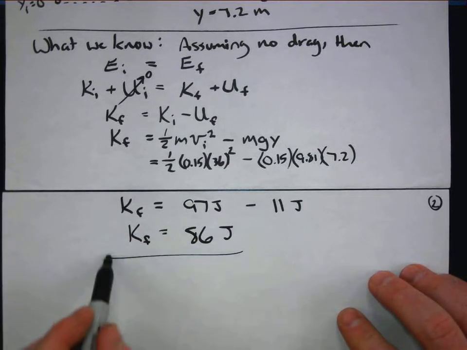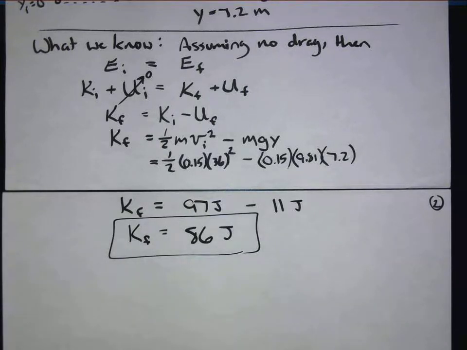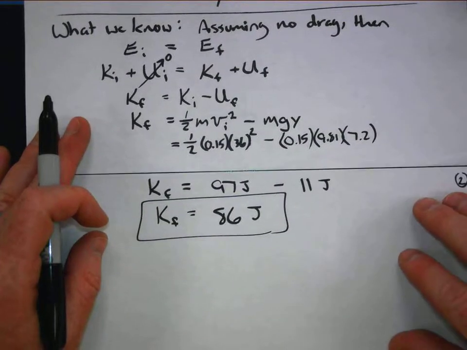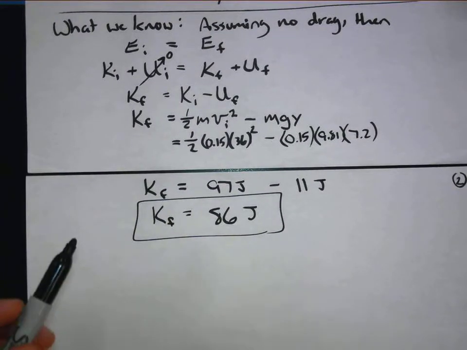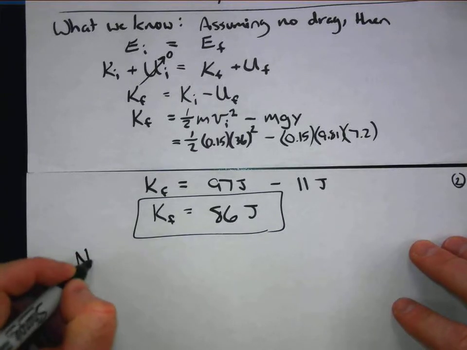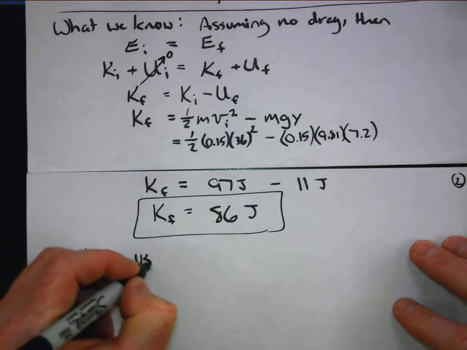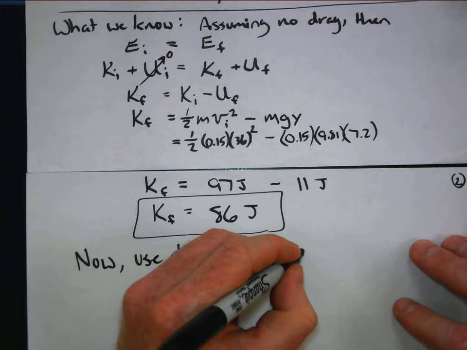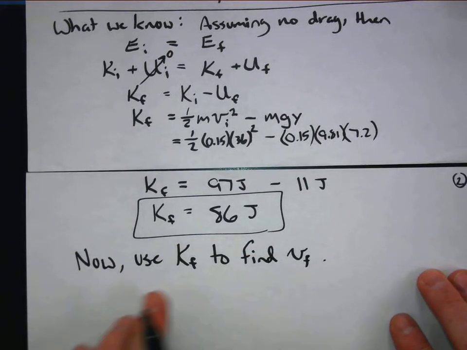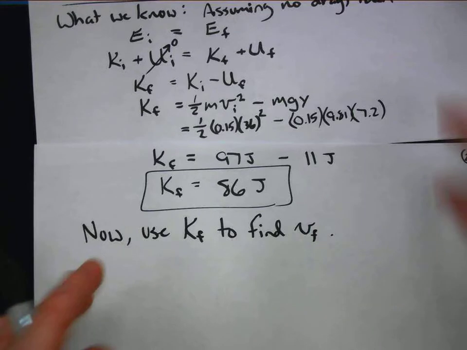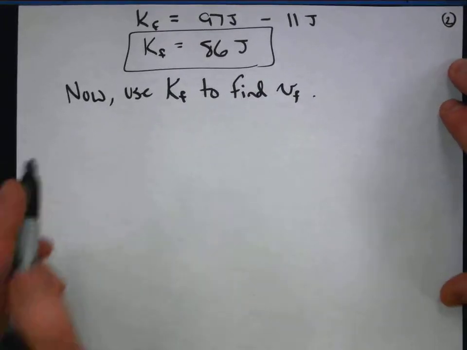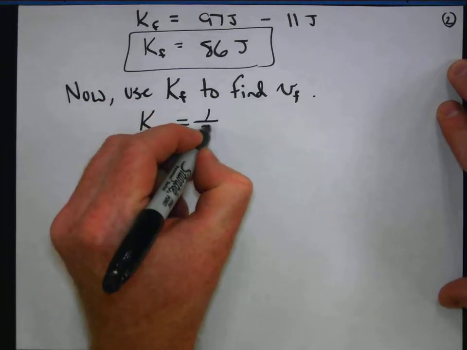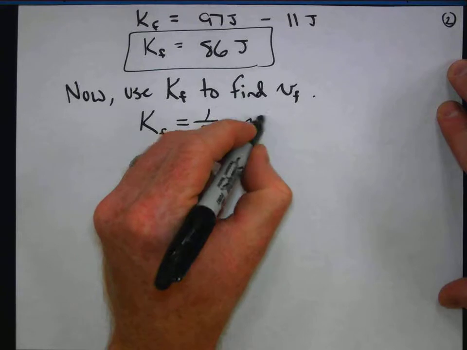Awesome. That might have been a question we would be asked, to find the kinetic energy when it is caught by the fan. But beyond that, we are specifically asked for the velocity. So there's our strategy. We're going to use the final kinetic energy to find that final velocity. And we know the kinetic energy is, in a basic sense, just 1/2 m v squared.